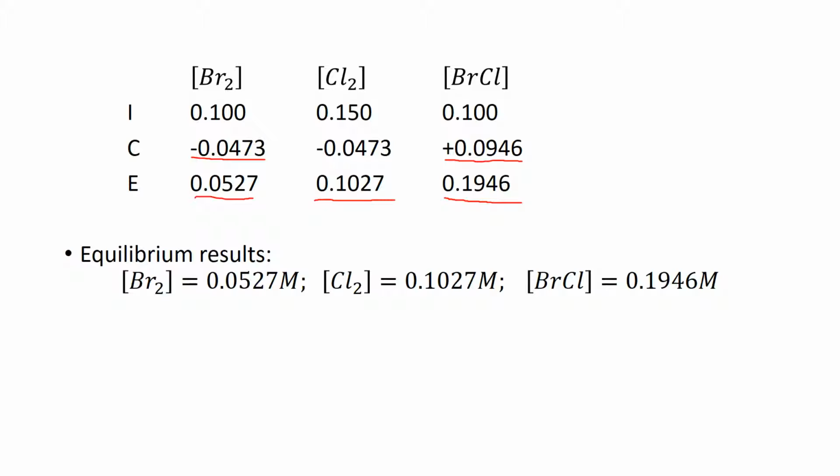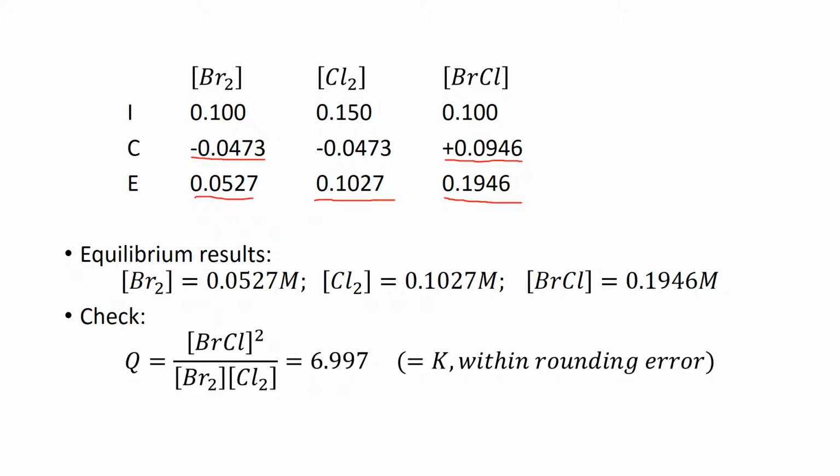When I'm doing a problem like this, as you can see, there are many opportunities for making mistakes. I like to substitute everything back into the expression for the equilibrium constant to see if it makes sense, if I do get the equilibrium constant. So the value of Q, the reaction quotient that I have for these concentrations, I put in the BrCl, bromine, and chlorine, and carry out the calculation.